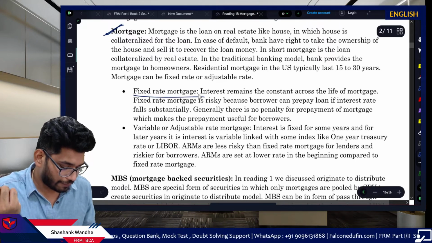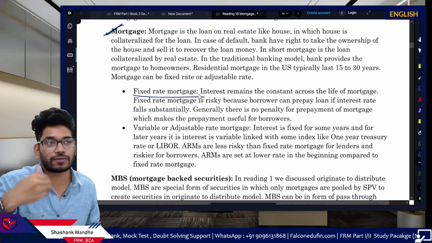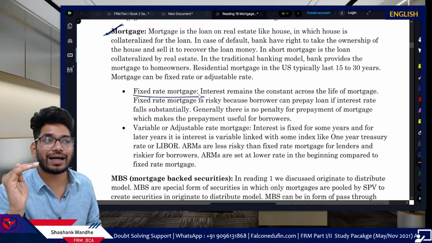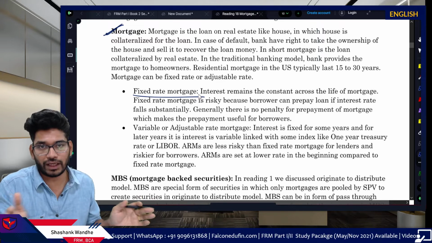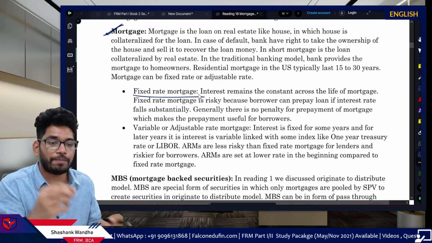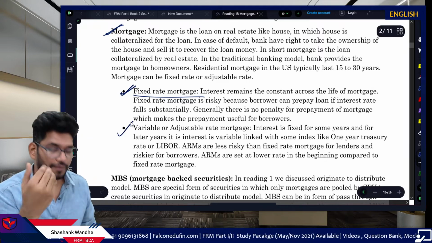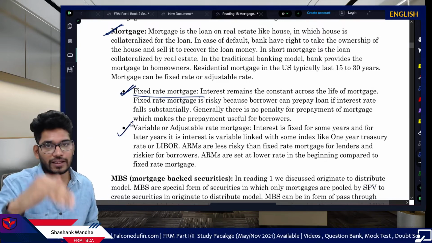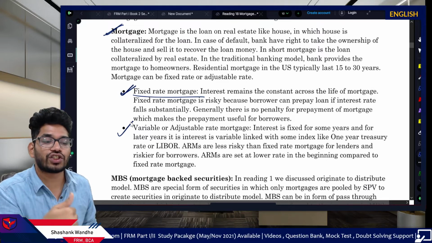So first is the fixed rate mortgage, where interest rate is fixed at the time of providing the loan. Bank will say, okay, you will be charged 10% interest rate, and that 10% interest rate is the same for the life of the particular mortgage. Okay, this is a fixed rate mortgage. Then variable or the adjustable rate mortgage. So variable rate generally fluctuates with the market rate. Then there is adjustable rate mortgage.